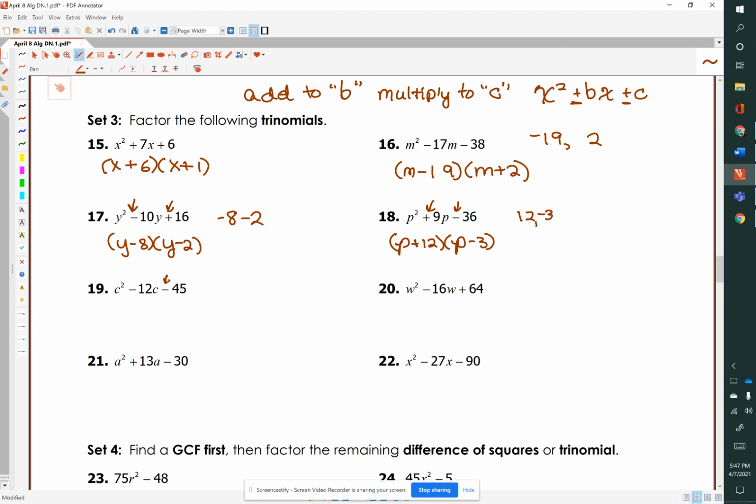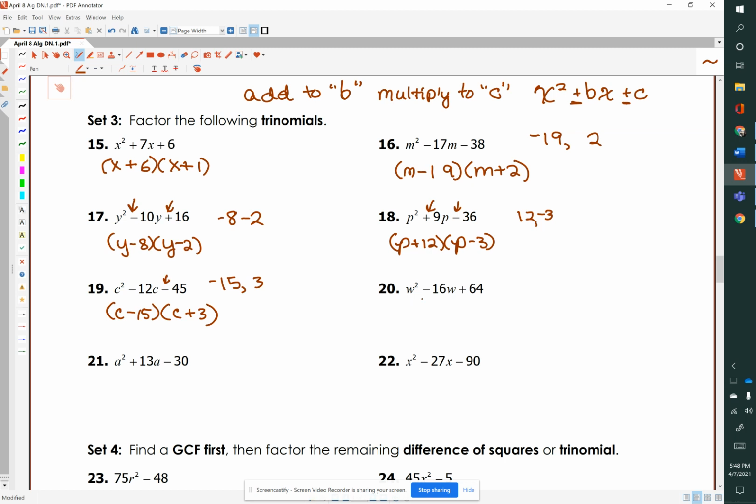So something that multiplies to 45 and adds to 12. If I think of 15 and 3, and I make that larger number negative, negative 15 plus 3 equals negative 12, negative 15 multiplied by 3 will equal negative 45. So c minus 15, c plus 3.